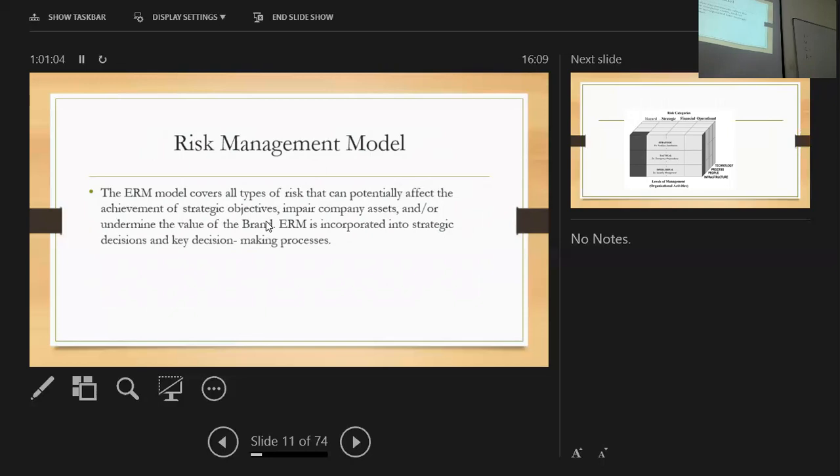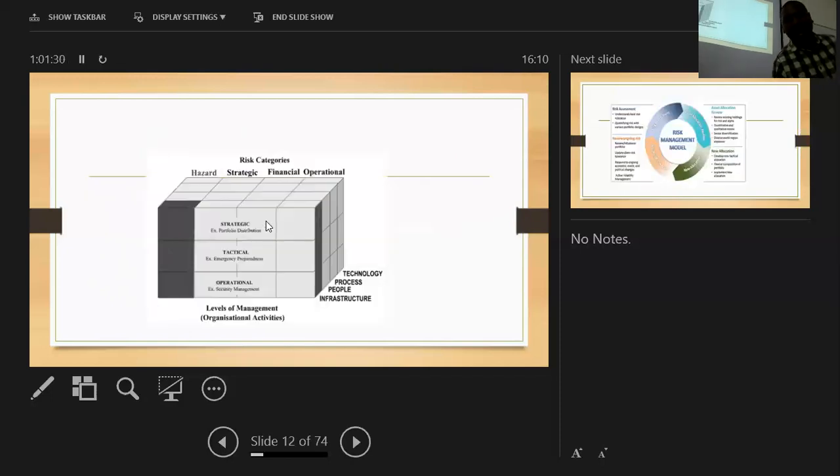The model covers all types of risk that can potentially affect the achievement of strategic objectives, impair company assets, and or undermine the value of the brand. The enterprise risk management model is incorporated into strategic decisions and key decision making processes. So there we have the enterprise risk management model.